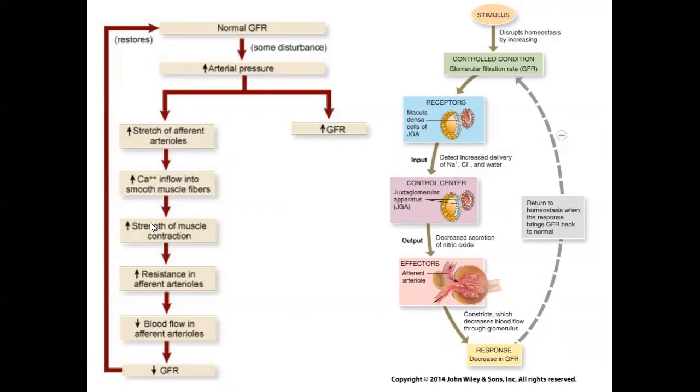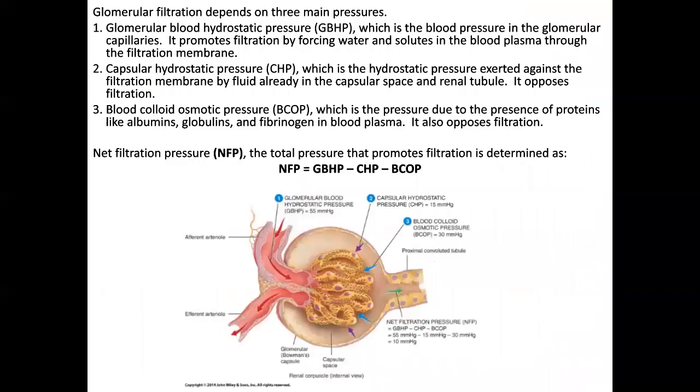The muscle fibers contract more forcefully, which decreases the blood flow through them, which means GFR goes down. So if we go back to this illustration, if we're forcing blood through really rapidly, these blood vessels stretch. And as they stretch, that triggers them to contract back to normal. Therefore less blood flows in and we form less filtrate as a result.